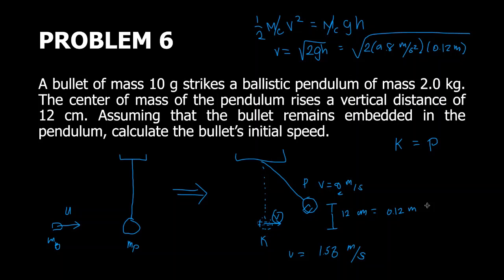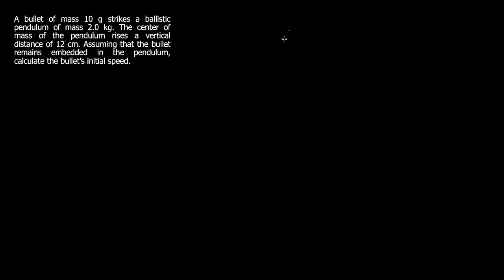Now, let's repeat. Initially, we have a bullet here with some velocity u. Its mass is 10 grams. Let's make it kilograms, that is 0.01 kilograms. The pendulum has a mass of 2 kilograms.